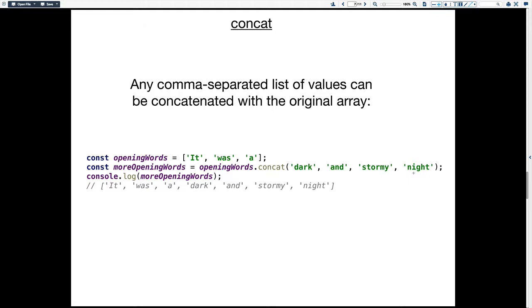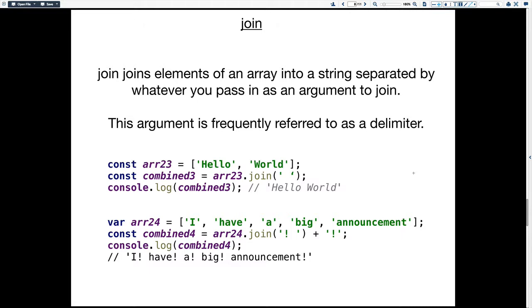Any comma separated list can be concatenated into an array. So in this example here I'm concatenating what seems like just individual strings. The strings remain intact, but what I do get is an array containing all those values. Join joins 2 arrays together.